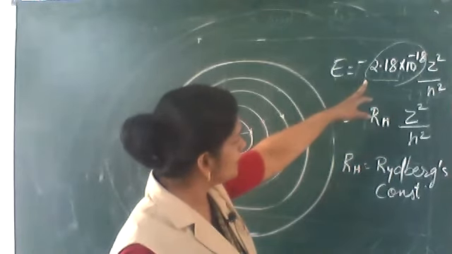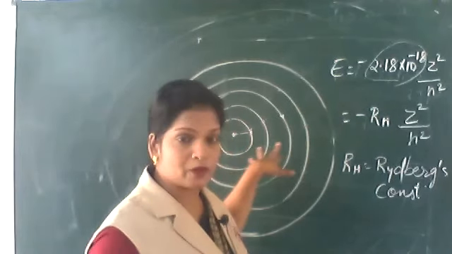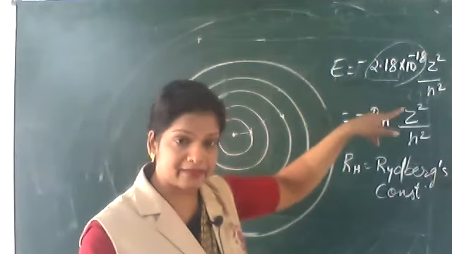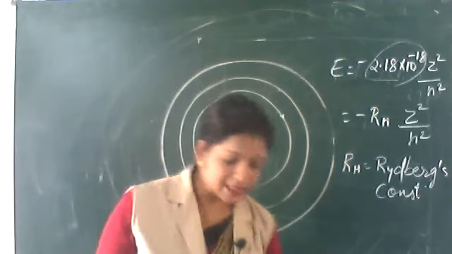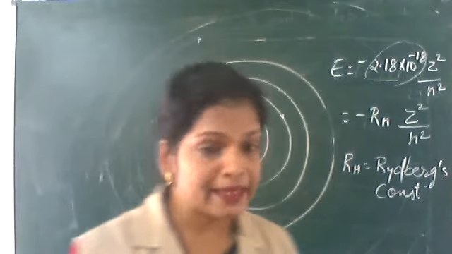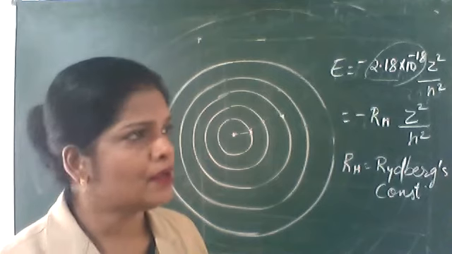What is the higher value? Higher value means less negative. Lower value means more negative. If energy is emitted it will have a negative sign, and absorbed energy will have a positive sign.